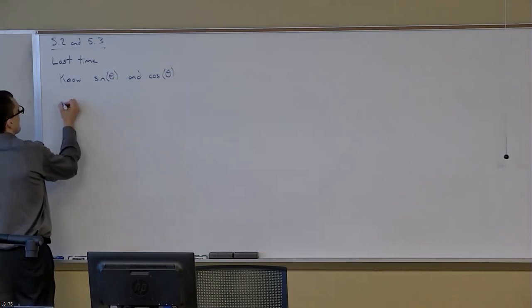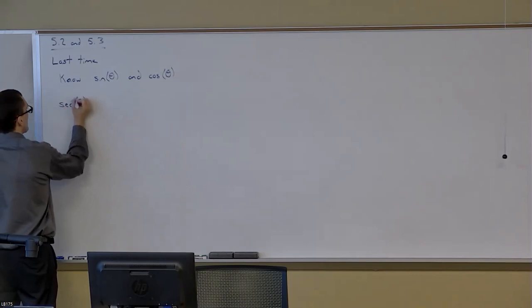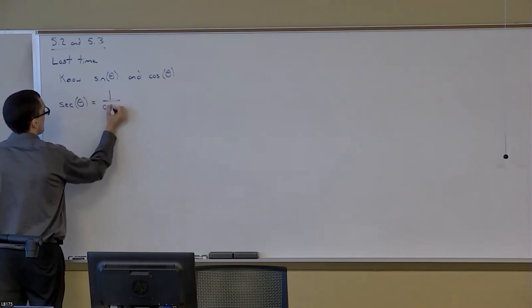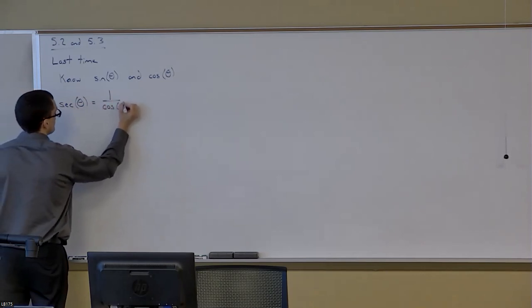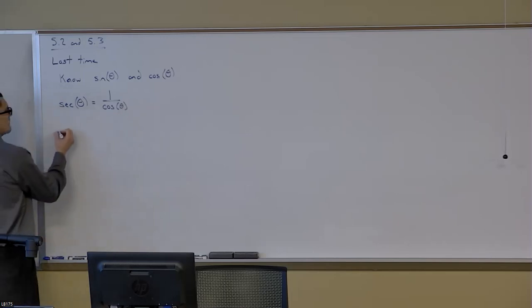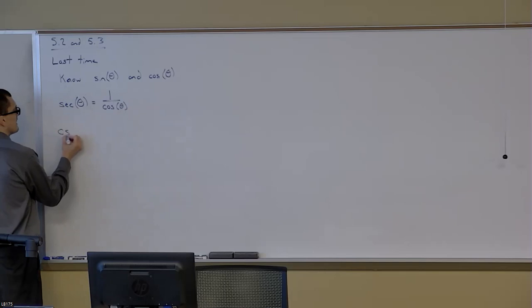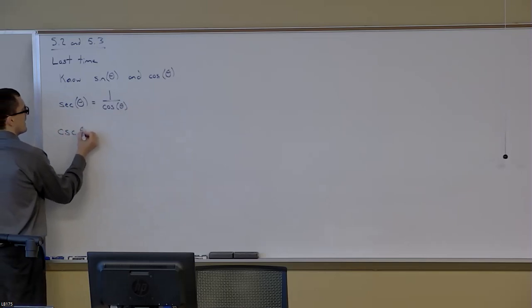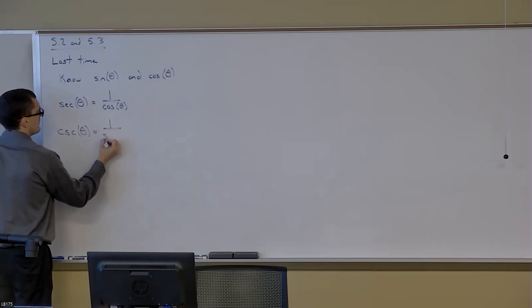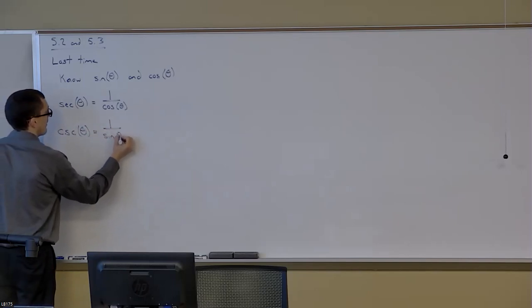Then we can say, well, every time I want to find a secant of theta, I can take 1 divided by cosine of theta. Every time I wanted to find cosecant of theta, I can do 1 divided by sine of theta.